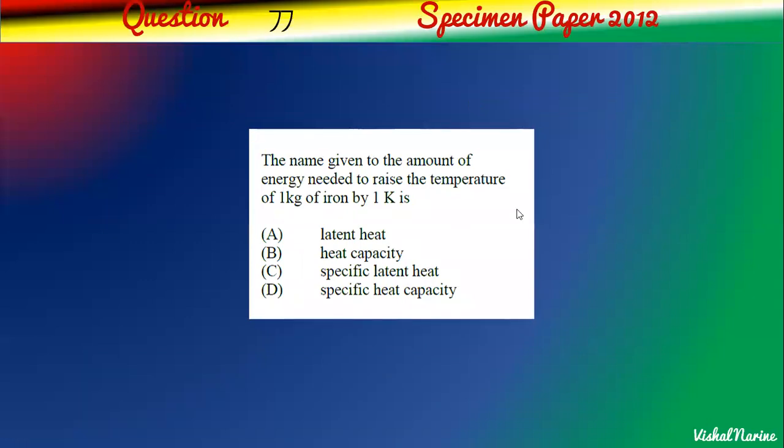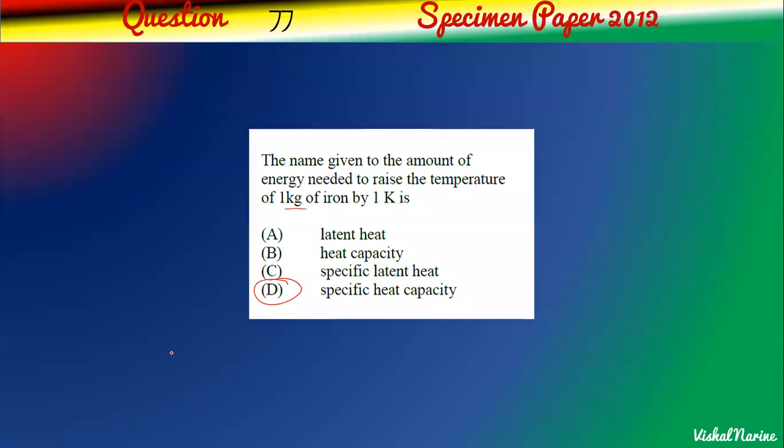77. Well, I explained 77 answer just now when we were working at the question. There's the heat energy required to raise the temperature of 1 kg of iron by 1 Kelvin, and this time they're specifying the mass. So we now know that this answer here is a specific heat capacity.